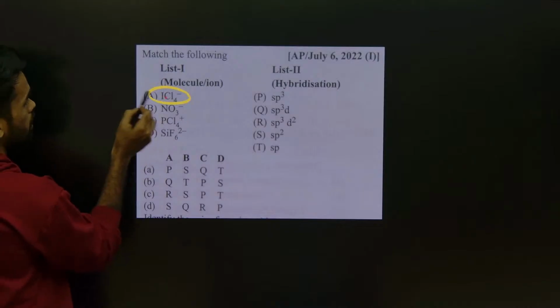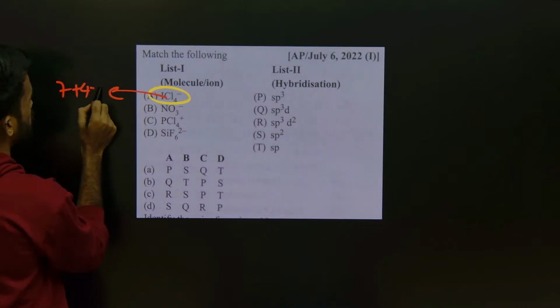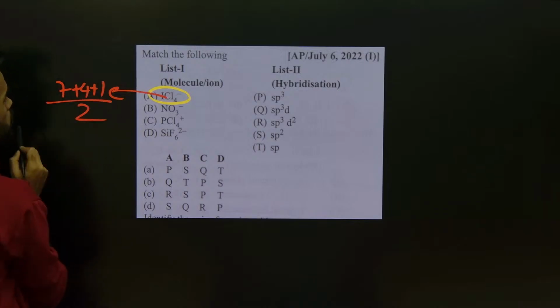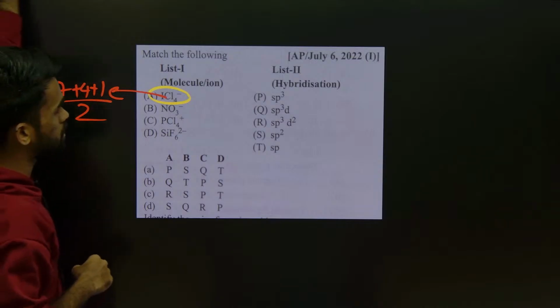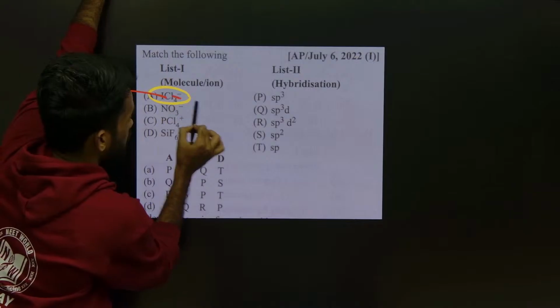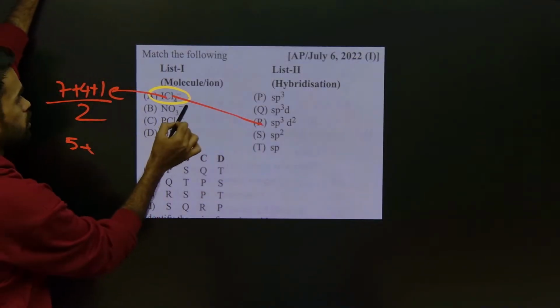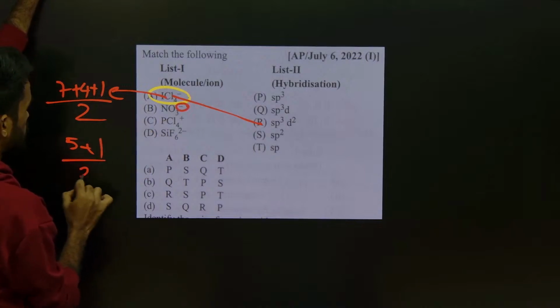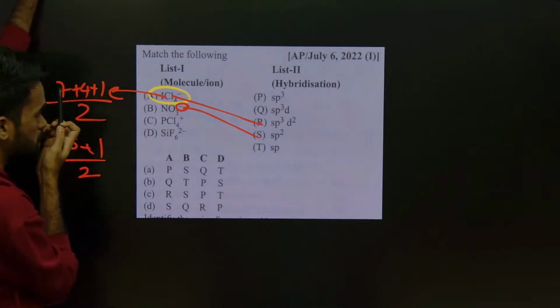So tell me, 17th group element, 4 chlorines are surrounding and minus 1 charge is there, by 2. So here 8 plus 4, 12 by 2, 6 means sp3d2 hybridization, AR. Next, NO3 minus: nitrogen 5, negative charge is there, plus 1, by 2, 6 by 2, 3, sp2 hybridization.